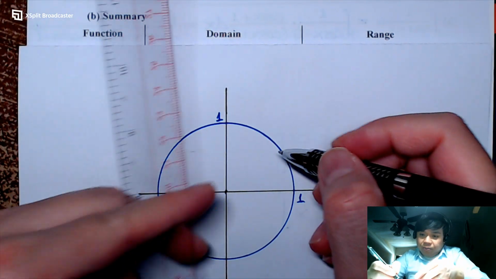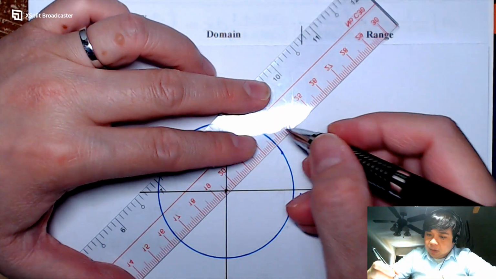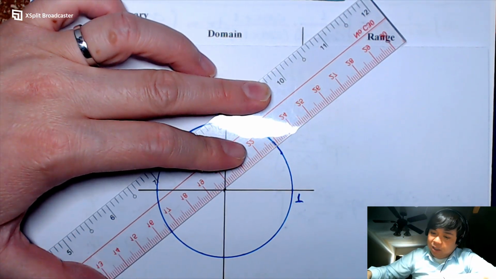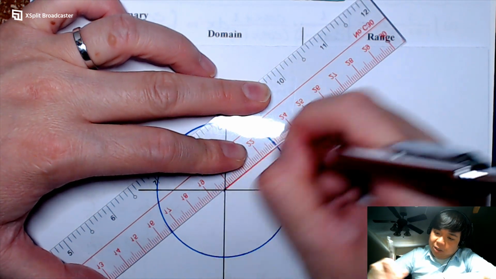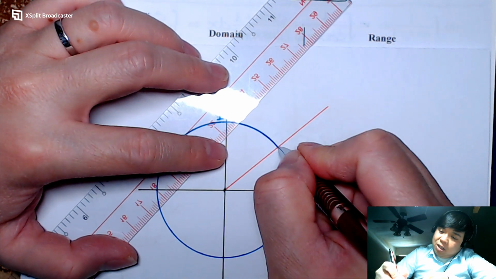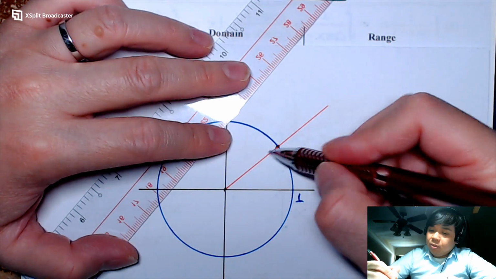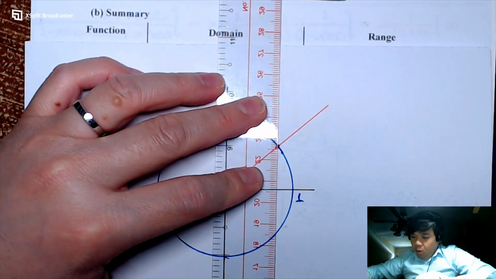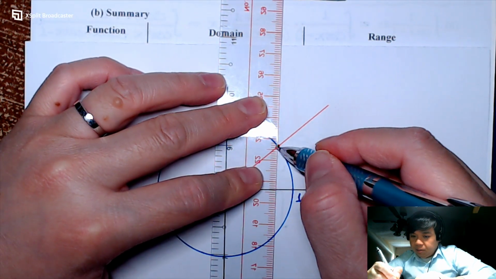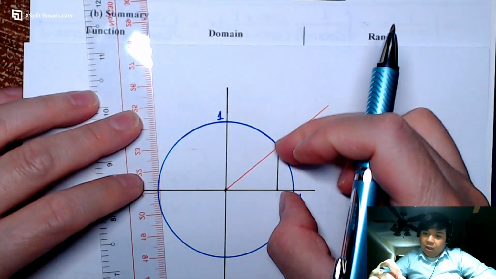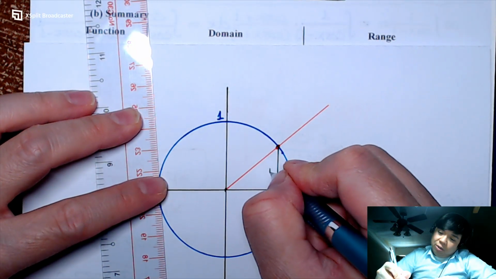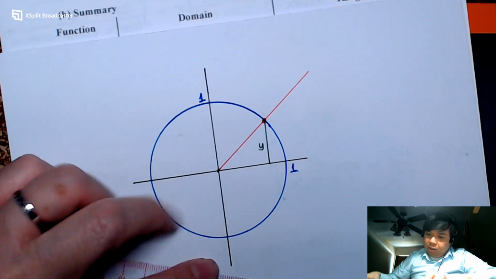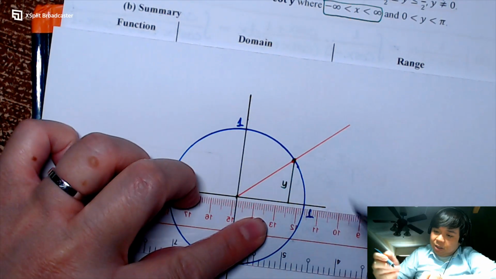So we define a point. Let's say there's a point here. It has the x coordinate and the y coordinate. This is the y value and the x value.